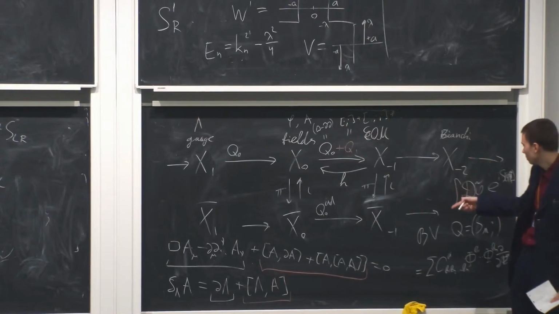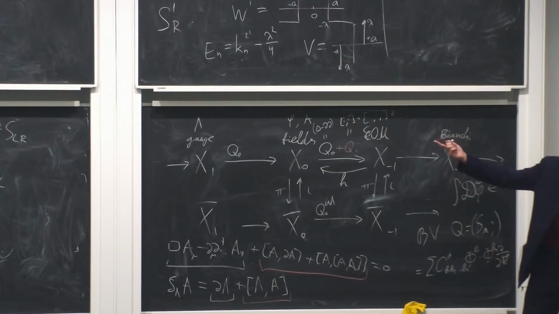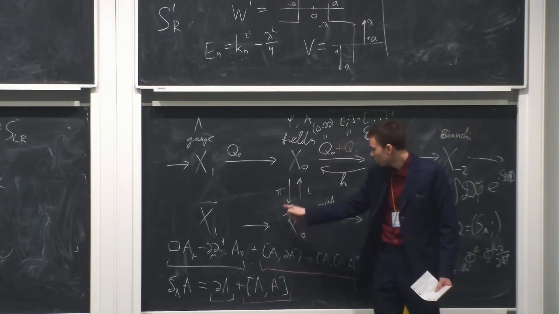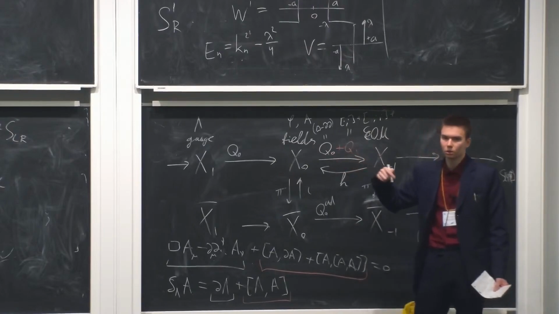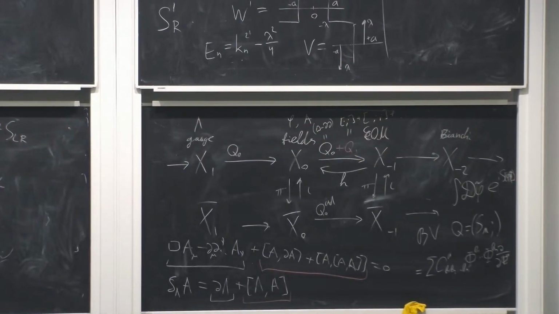But this way, we don't have to explicitly do any functional integrals. Another way, just as what we've seen here, is if we choose these spaces to be the homologies with respect to the operators built using equations of motion, we will get this picture.